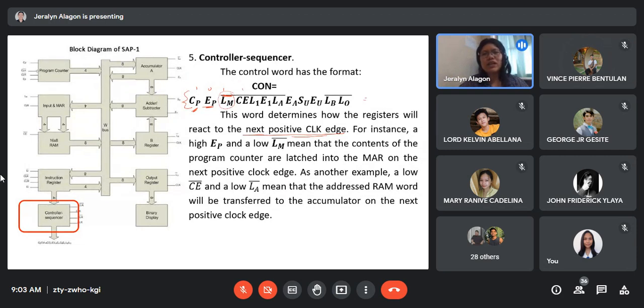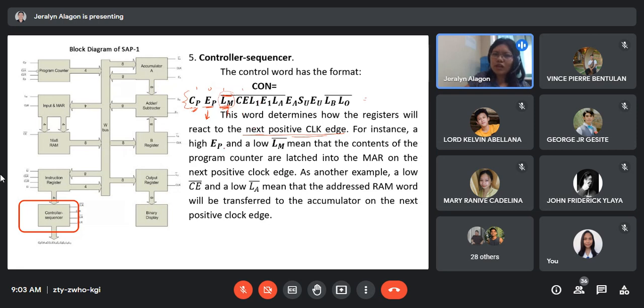Basta activate siya once the input for this particular pin naka logic 0, kani dapat logic 1. So ani if naka logic 1 ang EP, and si LM is naka logic 0, means nga ang contents of the program counter are latched into the MAR on the next positive clock edge.